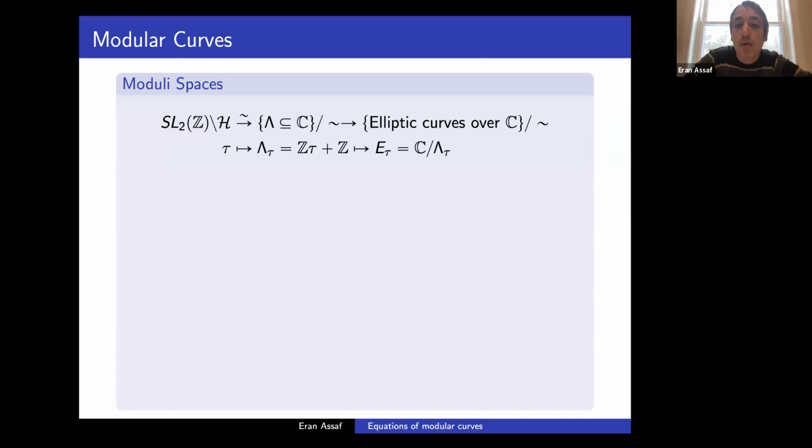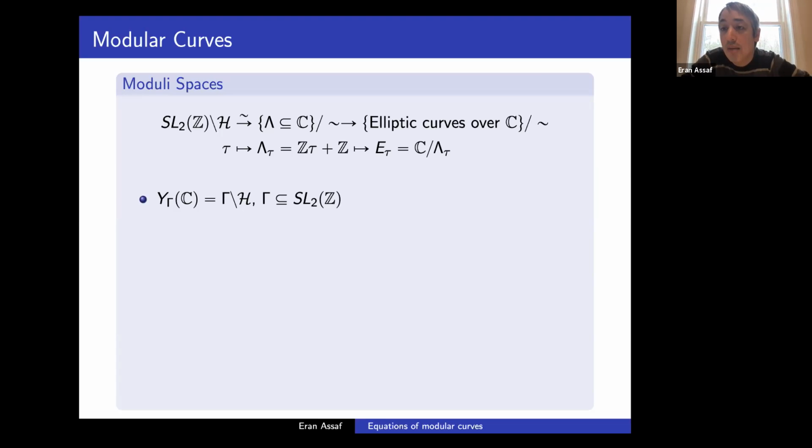So we have a bijection between this quotient space, SL2Z mod H, and the elliptic curves over C up to isomorphism that is obtained by taking a point to the quotient by that lattice. And we can do more.